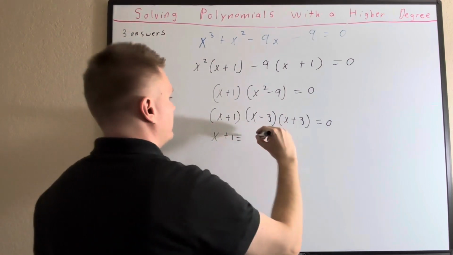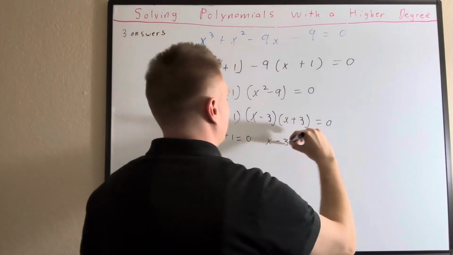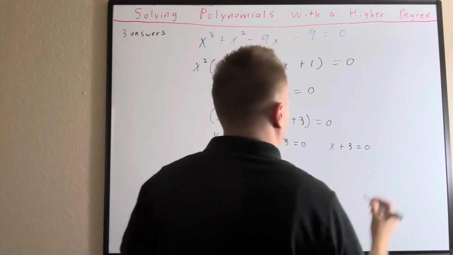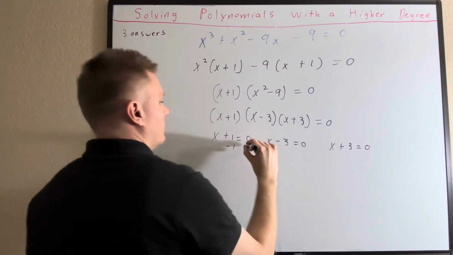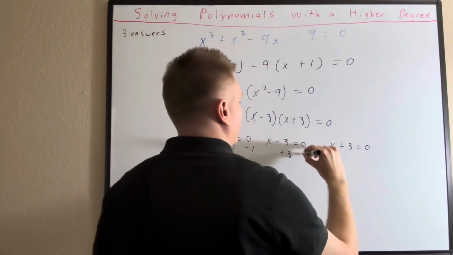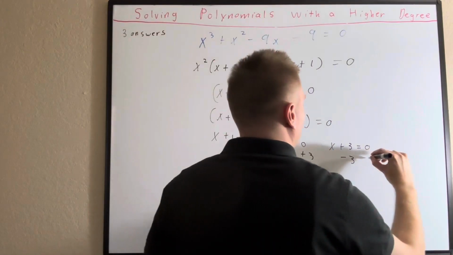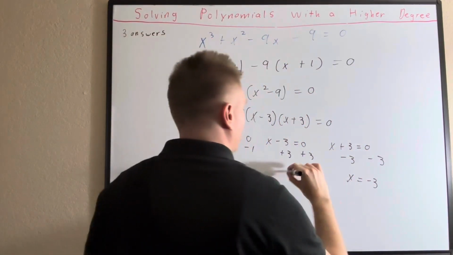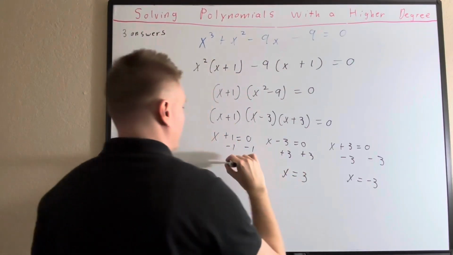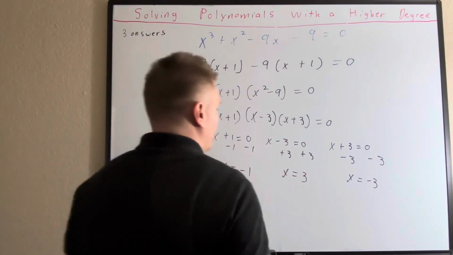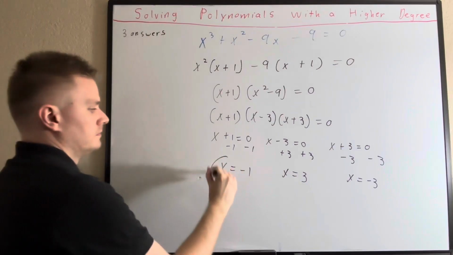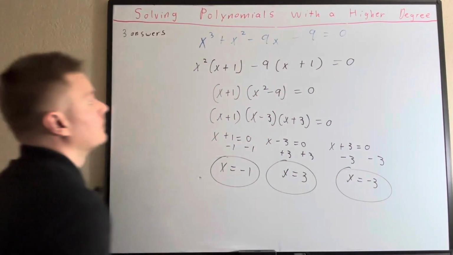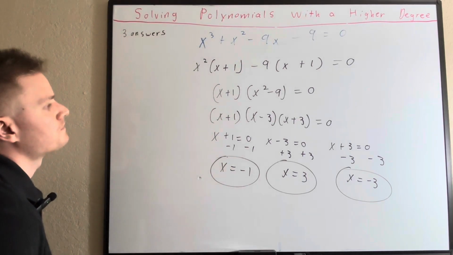X plus 1 equals 0, x minus 3 equals 0, and x plus 3 equals 0. There's all 3 of our answers.